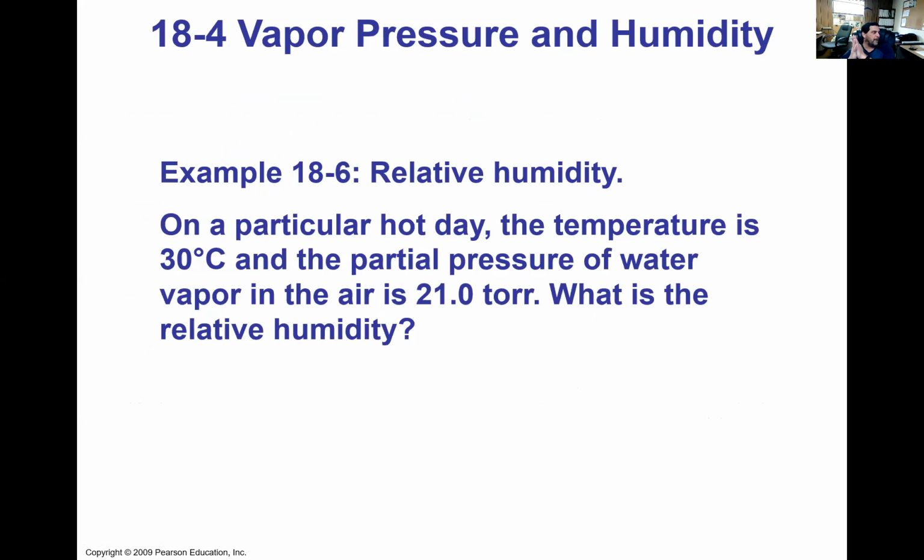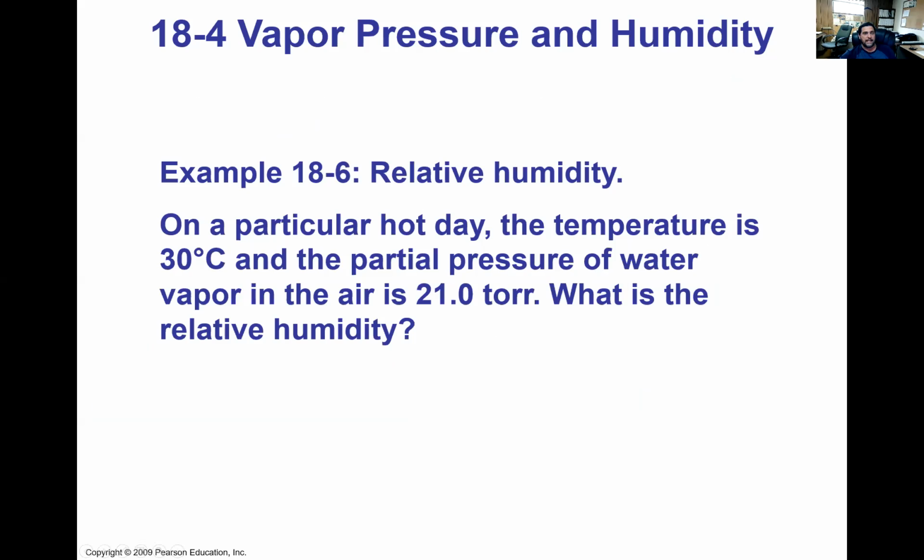So this example, relative humidity. On a hot day, the temperature is 30 degrees C, and the partial pressure of water vapor in the air is 21 torr. Okay, what is the relative humidity? Okay.